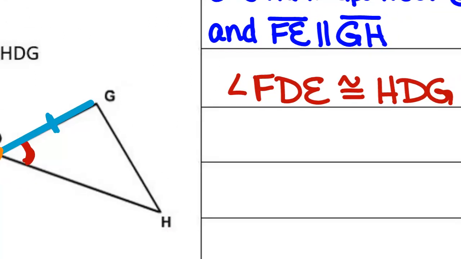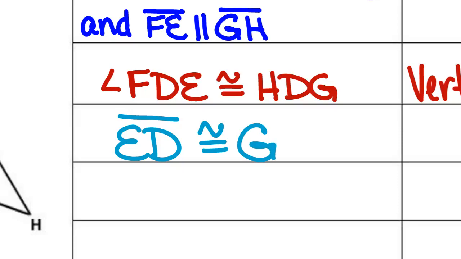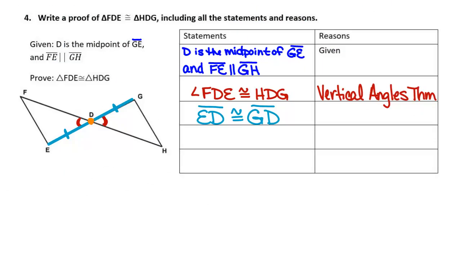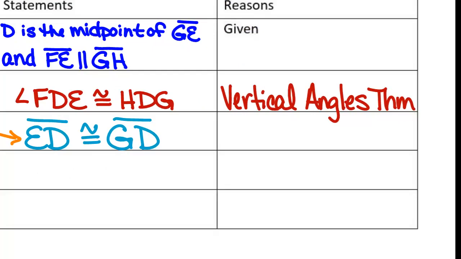DG. We added a mark to the picture, so now I'm going to write that down. ED is congruent to GD. Why did we know we could do that? Definition of midpoint.